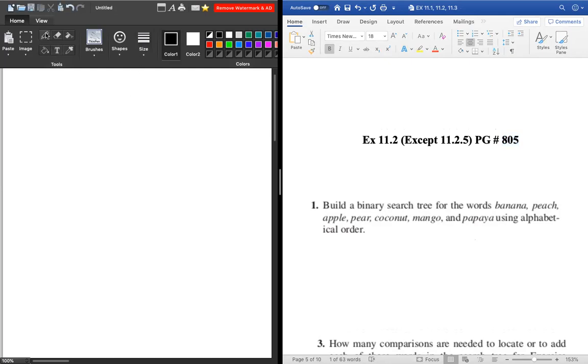So here we have banana, apple, peach, pear, coconut, mango, and papaya.